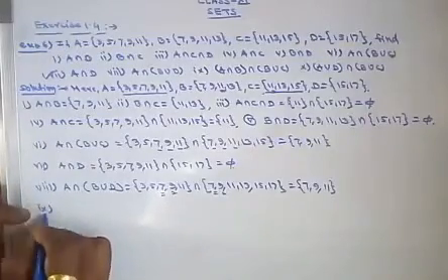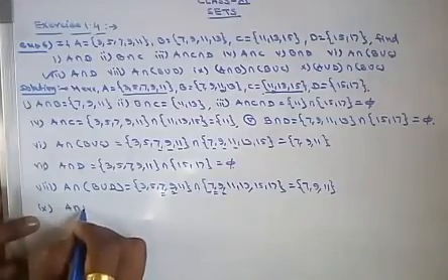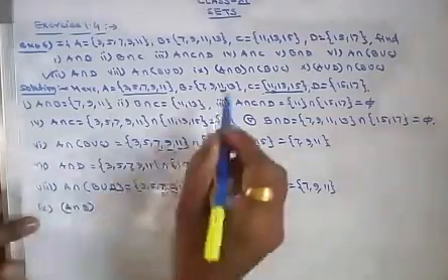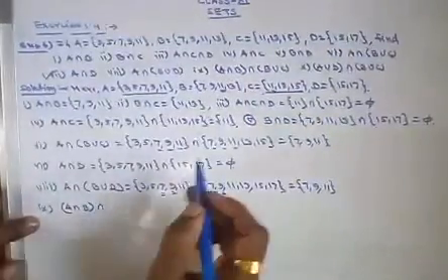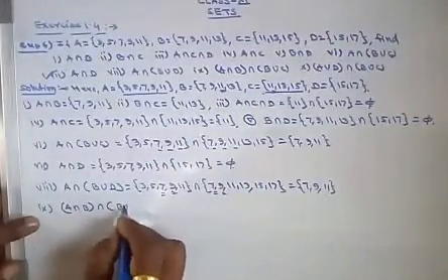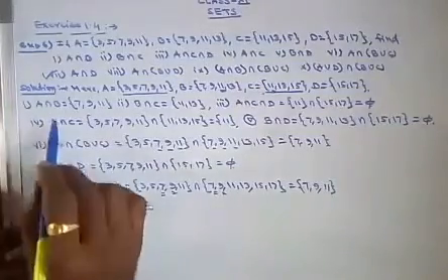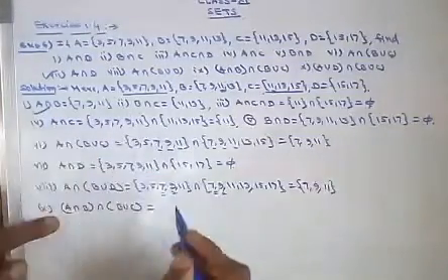Then 9: A intersection B intersection B union C. A intersection B we have found here: 7, 9, 11.